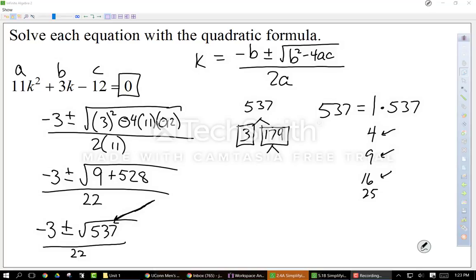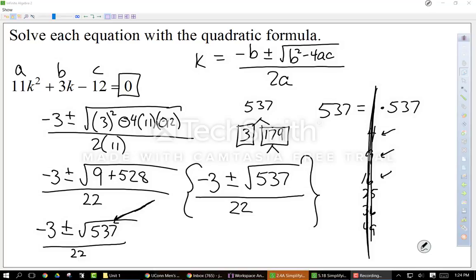And then 25 and 36 and 49. None of those work. So that means the 537 again has to stay inside. So what happens with my answer? Because nothing popped out front of my square root, my answer is exactly as it appears. That is my answer.